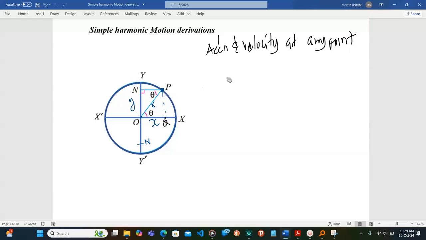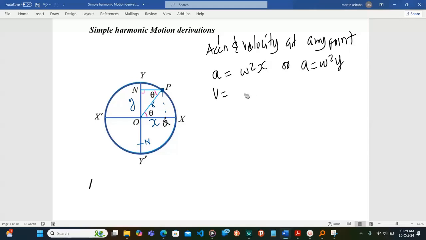So we want to see that acceleration can be omega squared x, or acceleration can be omega squared y, depending on which axis you take. So whichever axis you take, you can have all these equations applicable.